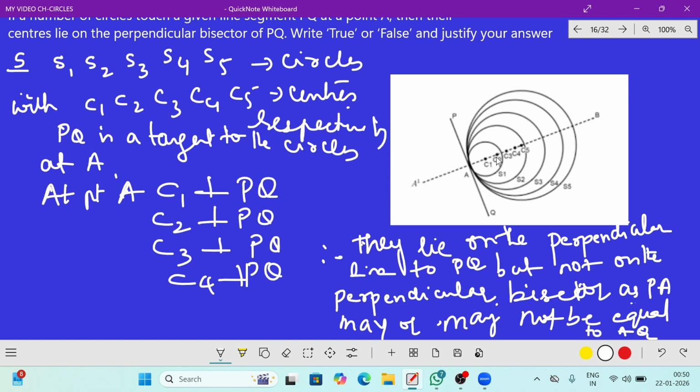These are the lines, these are the centers. C1 is a center, from there you draw perpendicular to PQ. C2 is a center, from there you draw perpendicular to PQ. From C3 center you're drawing perpendicular to PQ. So it is not necessary that they lie on the perpendicular bisector, as this distance may or may not be equal. So AQ and PA both may or may not be equal.